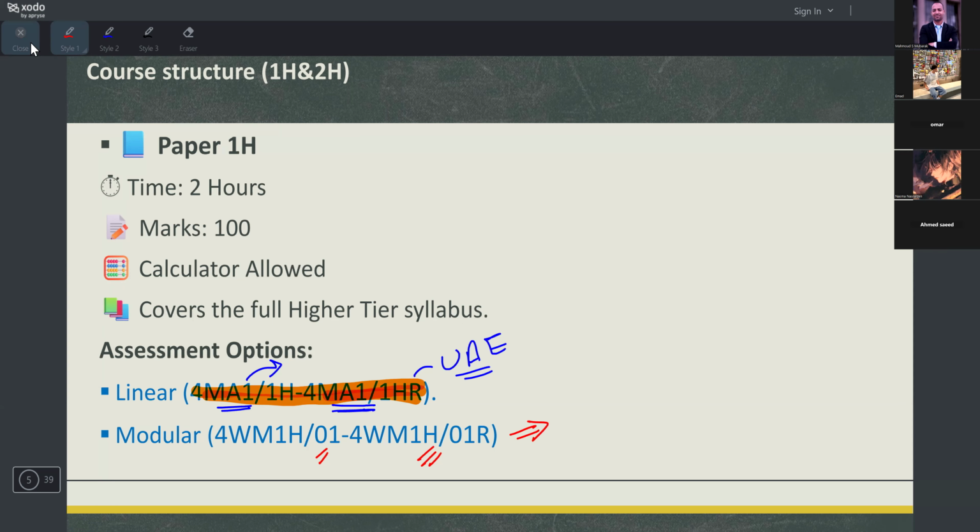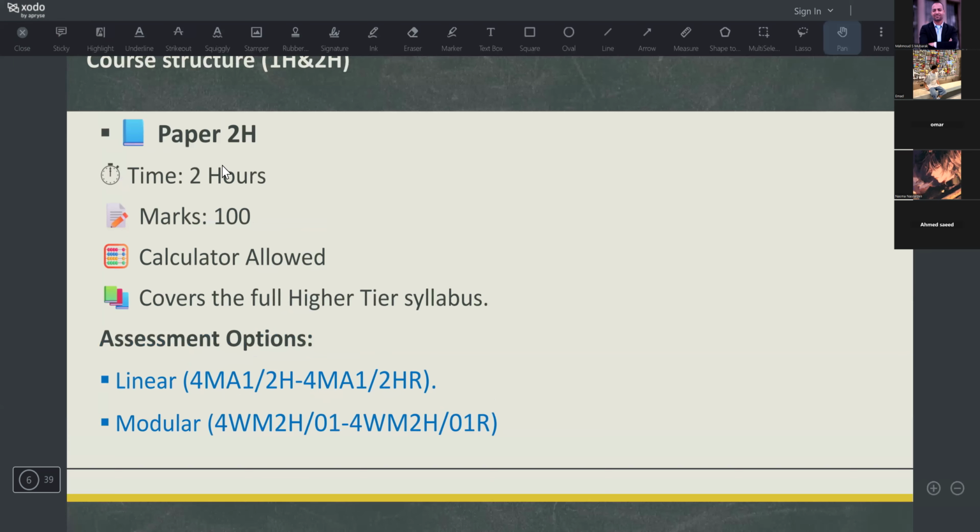Okay, this is for Paper 1 or Unit 1, and we have Paper 2 or Unit 2. Time is 2 hours also, marks 100, calculator allowed, covers the full higher tier syllabus if you are in the linear assessment option. We have two assessment options.